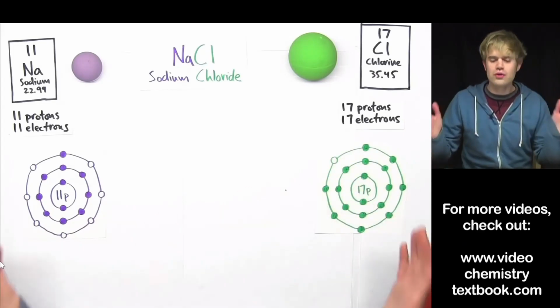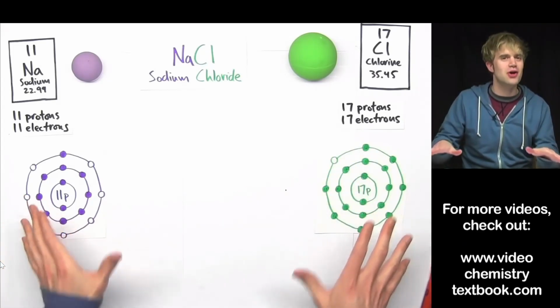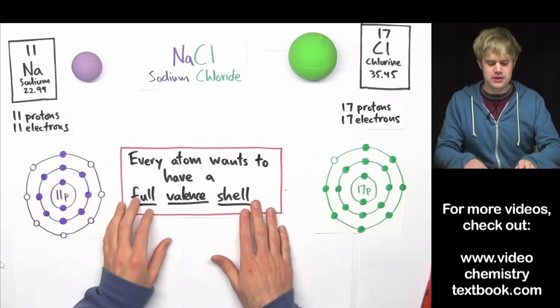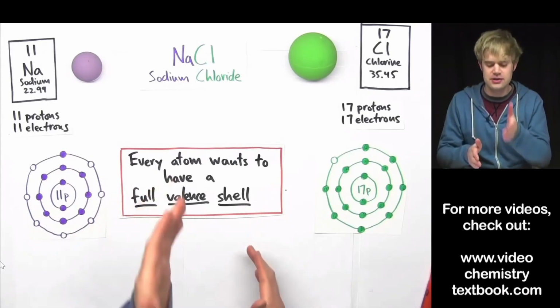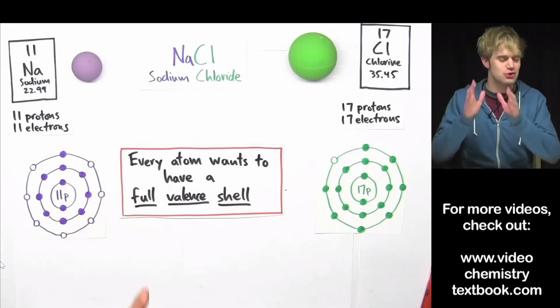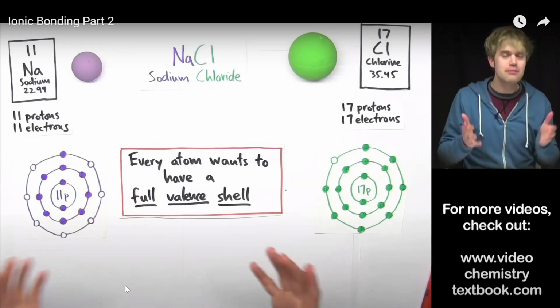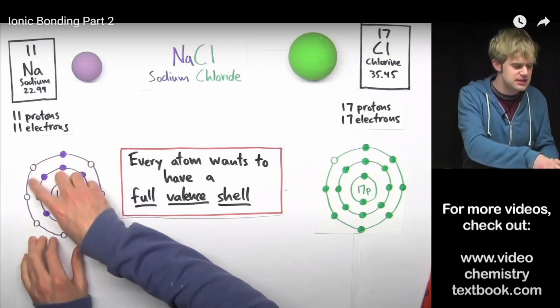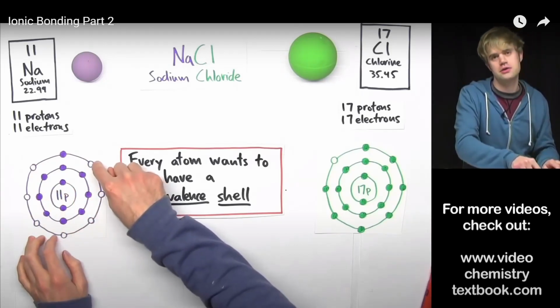Okay? The reason why these two atoms are so upset is because every atom wants to have a full valence shell. It's like every atom's goal in life. Sodium is really unhappy because it only has one electron in its valence shell, and it has these 7 empty spots. Okay?